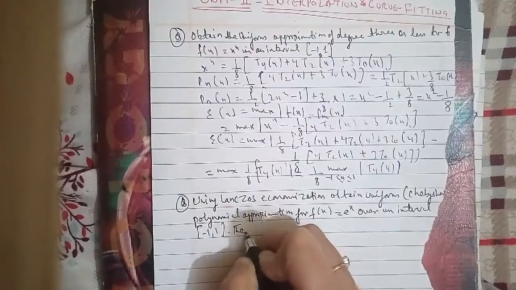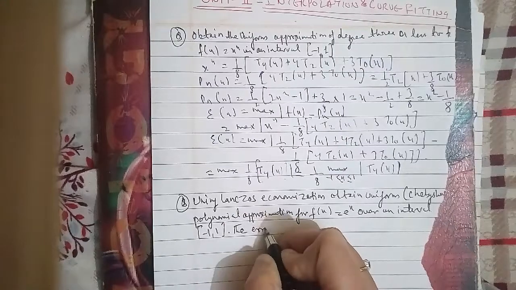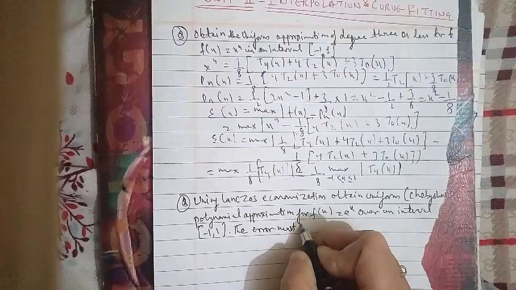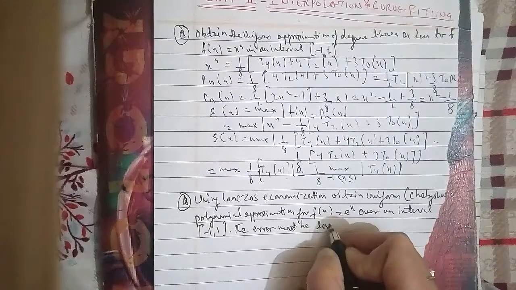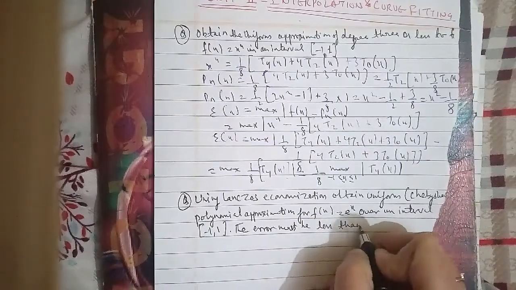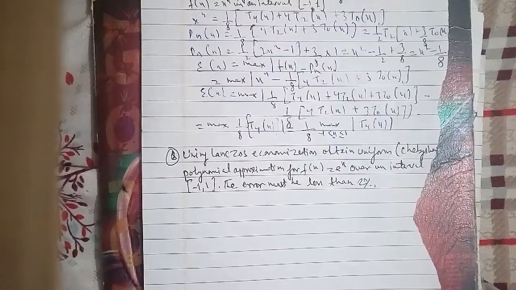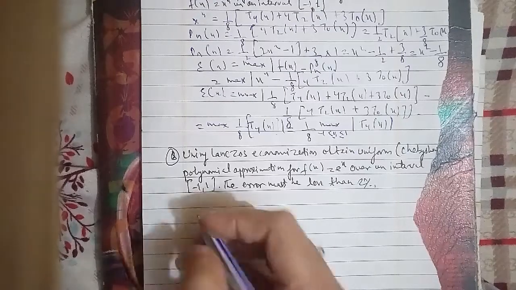The error must be less than 2%. So for that, the exponential function e to the power x can be expressed in series form.